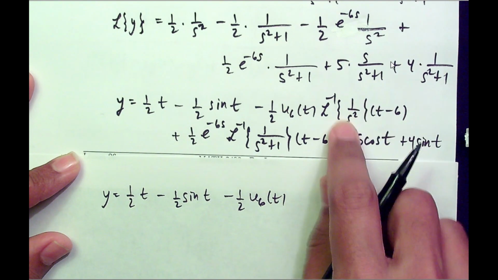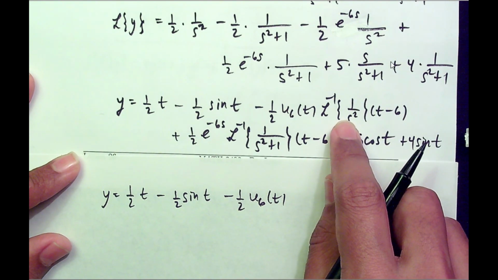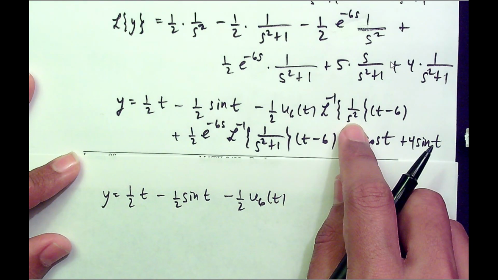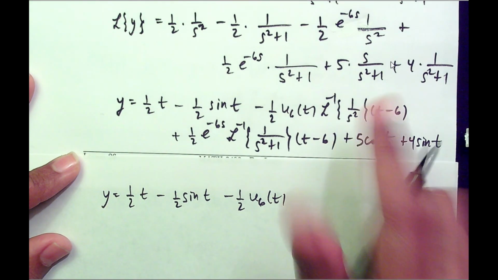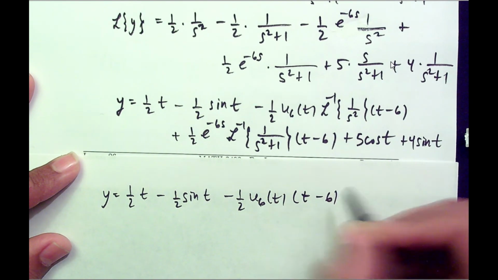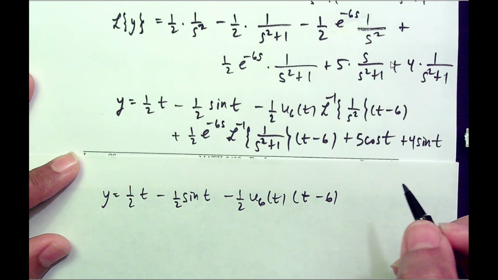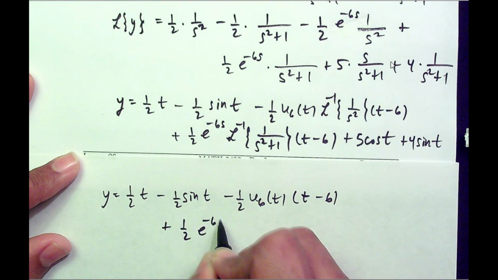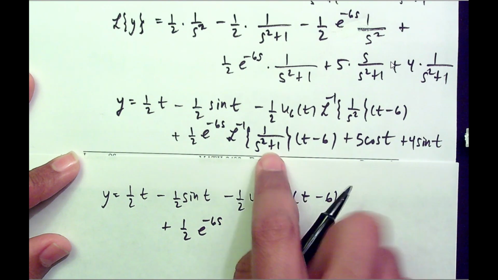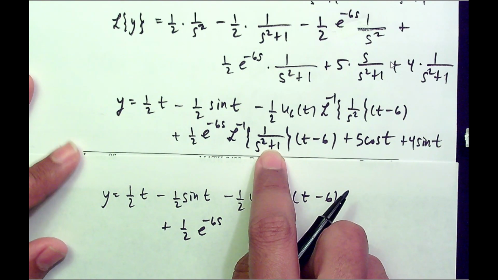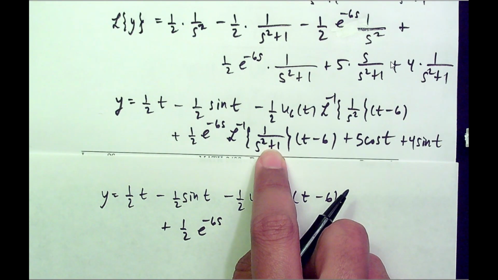Now the Laplace inverse of this, we already did it. The Laplace inverse of this is just t. But instead of t, it's going to be t minus 6, plus 1 half e to the minus 6s. The Laplace inverse of that we also pretty much did it already. Yeah, is this one.